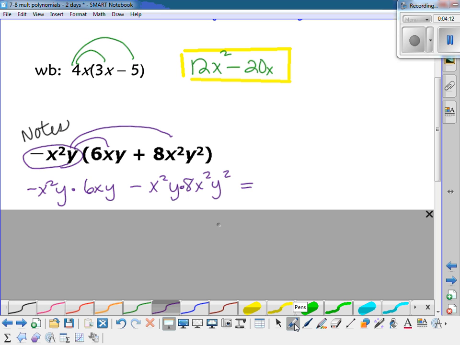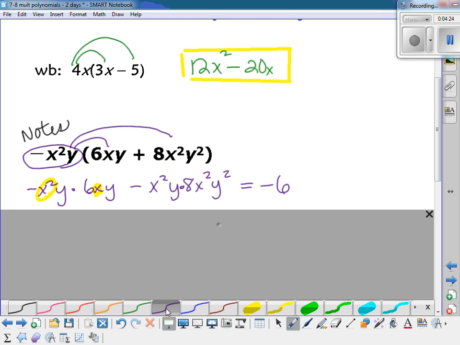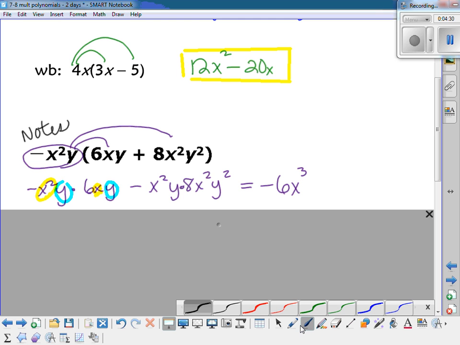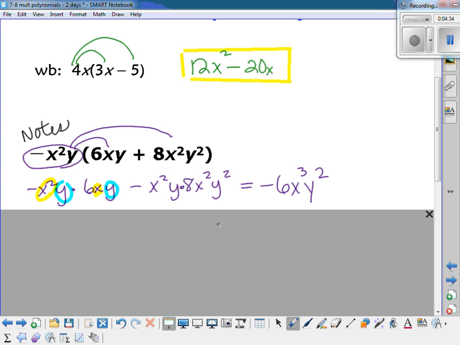So on that first term, I have a negative and a 6, so that gives me negative 6. And I've got x squared and an x, so how many x's altogether? 3, so x cubed. Then I have a y and a y, so that is y squared. Very good. Okay, so I'm done with that one.